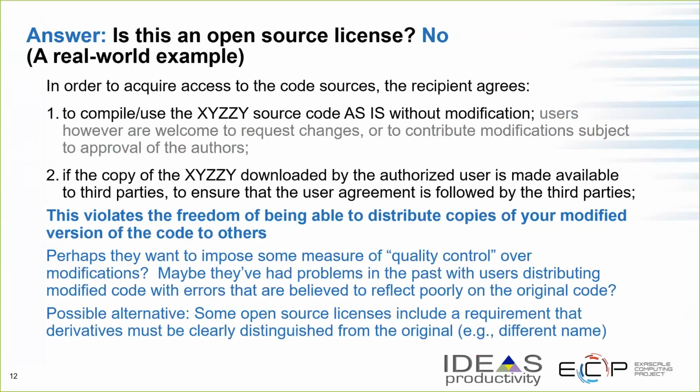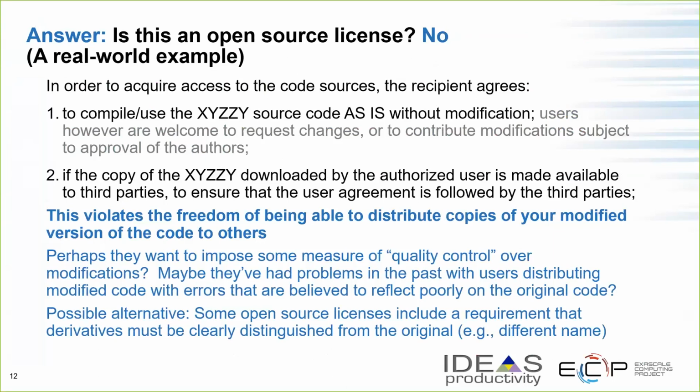I happen to know that this is in fact one of the motivations for writing the license this way. Is this the only way to do it? No, not necessarily. There are some open source licenses that include a requirement that derivatives must be clearly distinguished from the original, i.e. they have to carry a different name. Now, one can ask about the enforceability of either of these things, right?